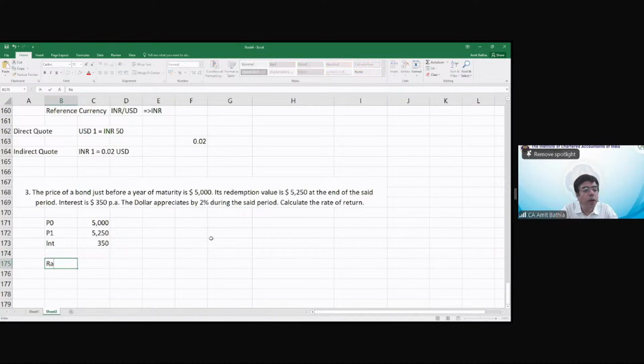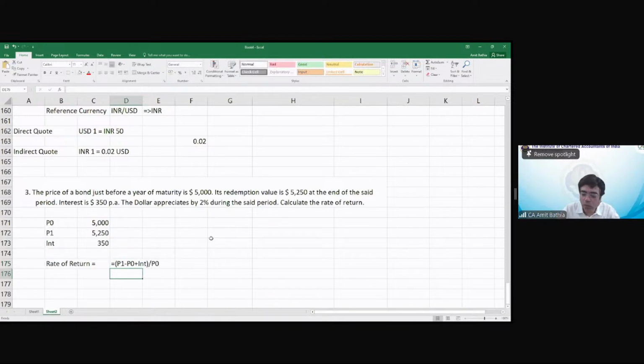So how do I get rate of return? It will be 250 plus 50 divided by 5,000. That is 12%. So it will be P0. Will it be P0 or P1? P1 minus P0 plus interest upon P0.